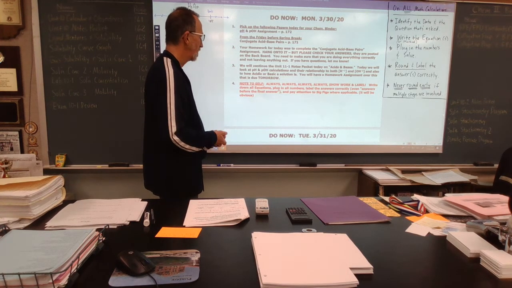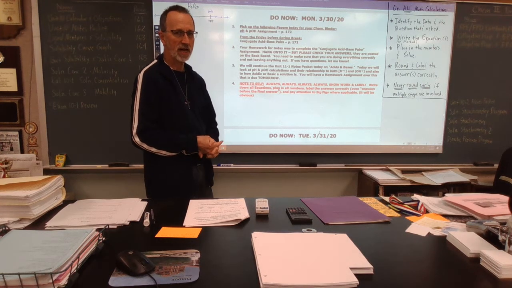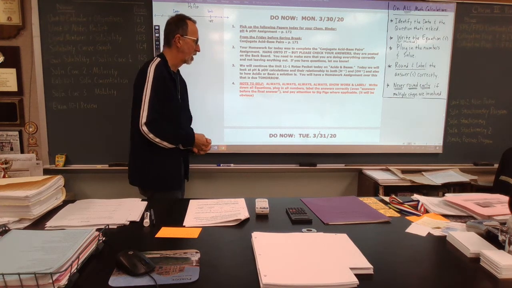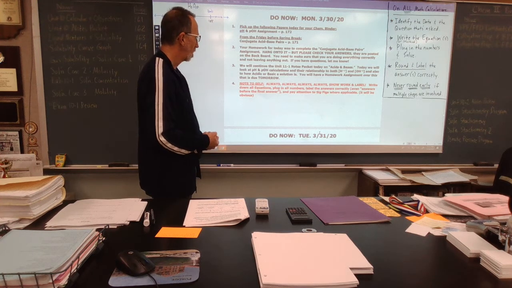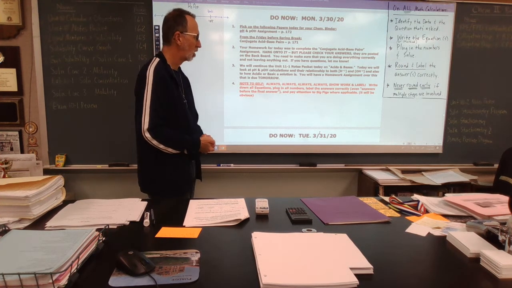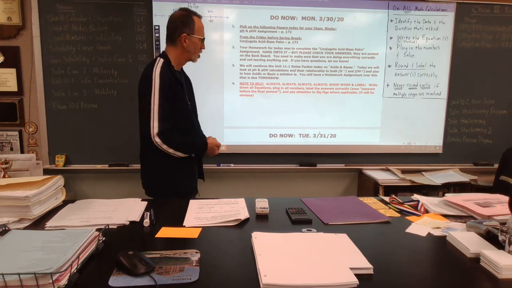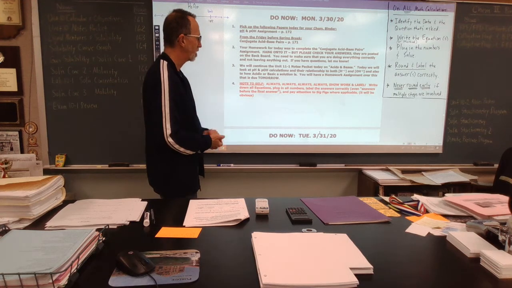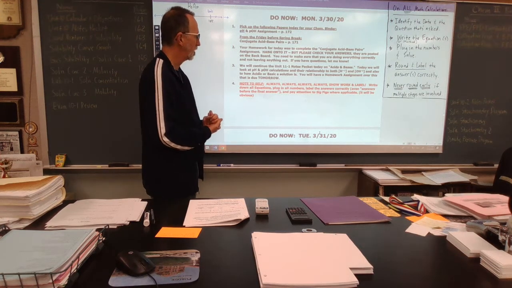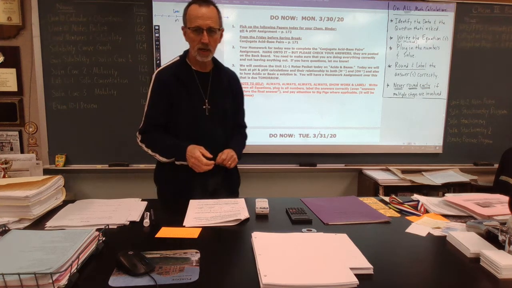We're going to look at pH and pOH calculations and their relationship to hydrogen ion concentration and hydroxide ion concentration, and also to how acidic or basic a solution is. The homework assignment today, entitled pH and pOH, page 172, is due tomorrow, the 31st.